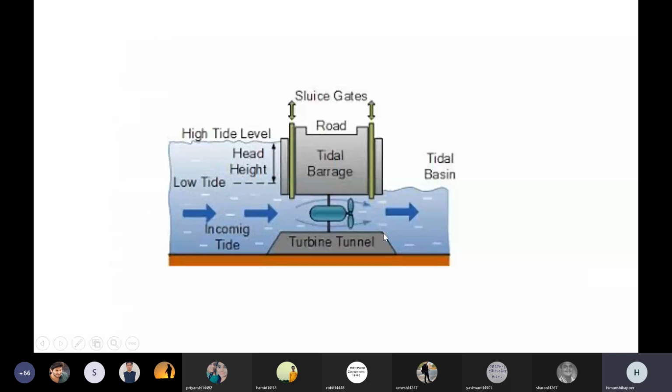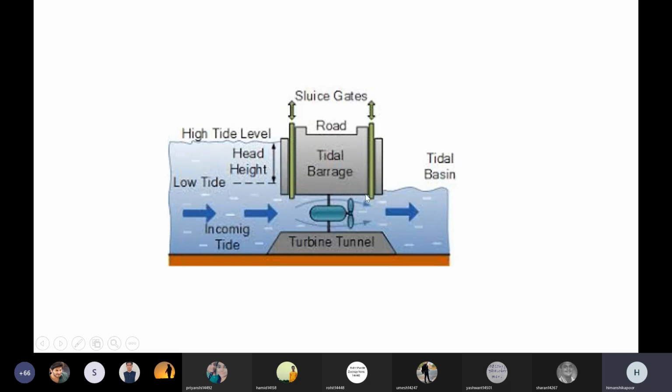This we have already seen, how it is harvested using the tidal barrage. So it is again a kind of dam. It has its controlling gates. You can always store water when the level is high, and you can utilize this water when there is low tide and when you want to generate more electricity out of this system.